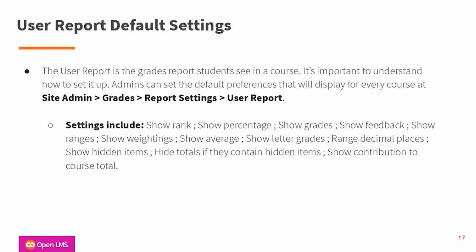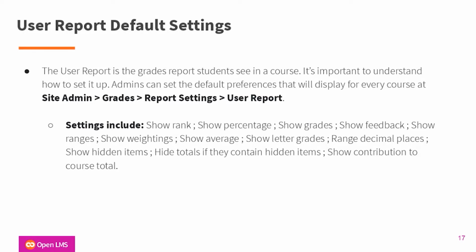As an administrator, what options can you provide to the student on what they see? These are all of the options here. Settings include, again, I won't read every single one, show rank, show percentage, show grades, etc. The common settings that are usually turned on are things like show percentage, show grades, and show contribution to course total.